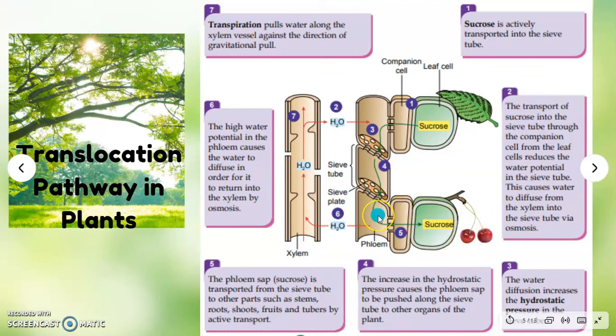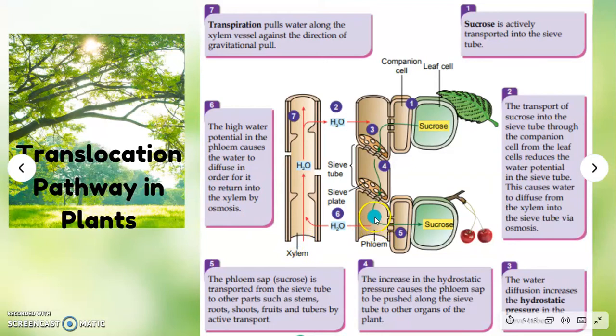by active transport. Number 6, the high water potential in the phloem causes the water to diffuse in order to return into the xylem by osmosis. What is the meaning here?